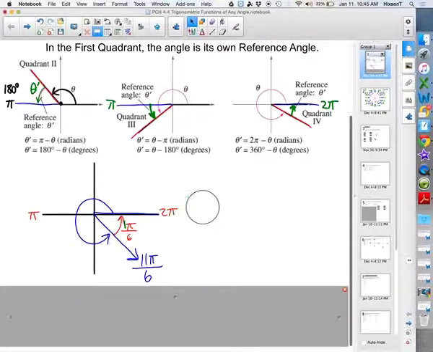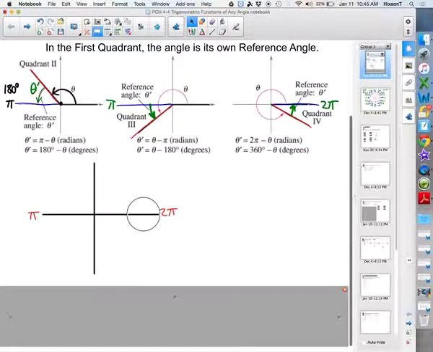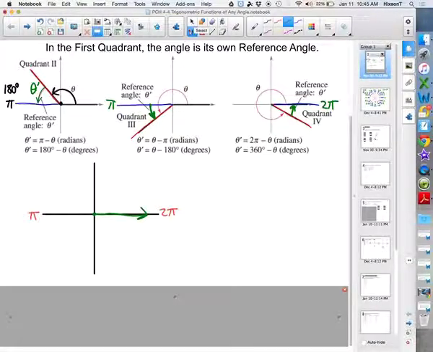Let's practice with a couple others. Let's start a couple in degrees. Let's say our angle right here is 160 degrees.